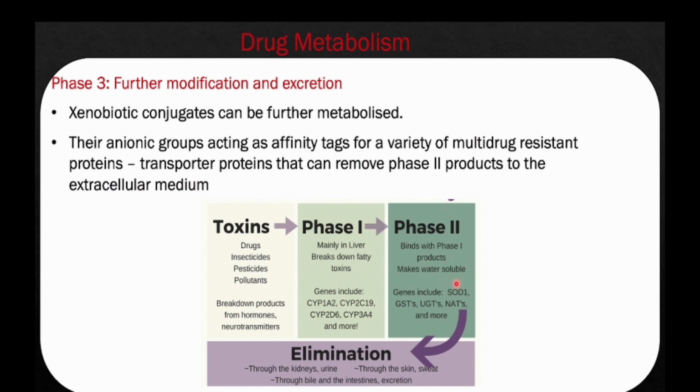Genes involved are, for example, SOD1, GSTs, UGTs, and NATs, and more. And then the last phase is the elimination, through the kidneys in the urine, through the skin in perspiration and sweat, and also through bile and intestines by excretion.